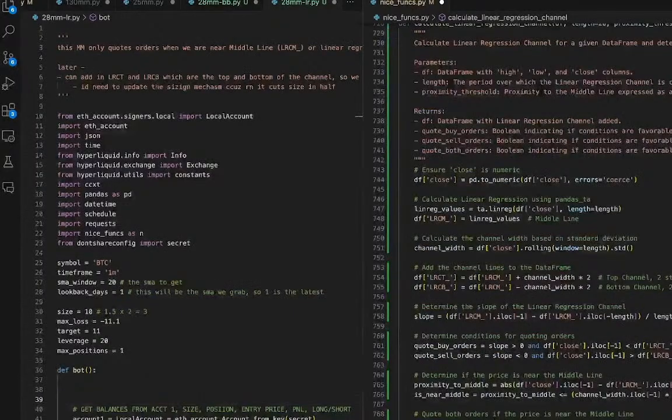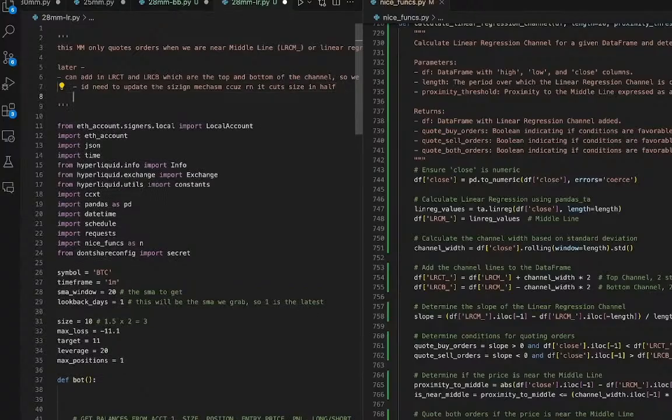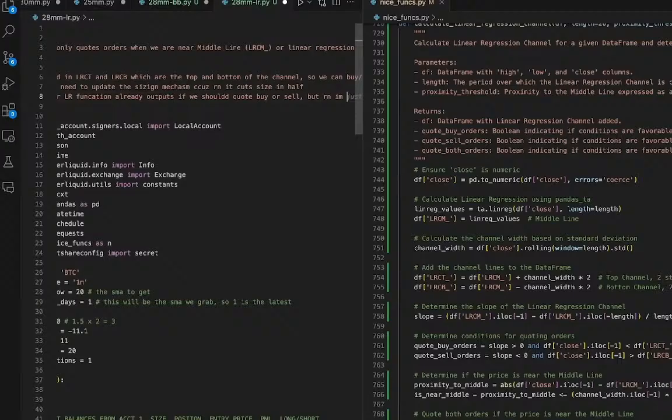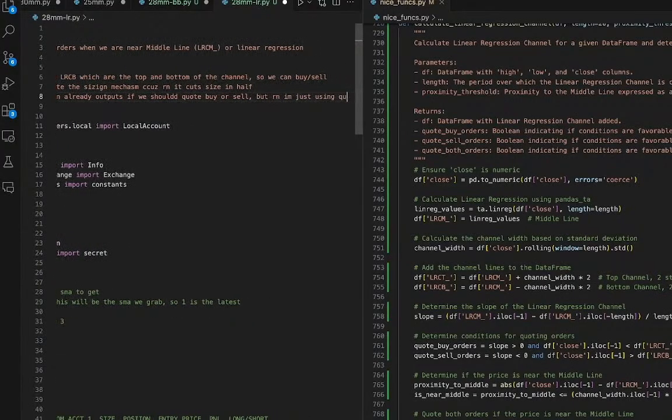Who else can launch 2 bots a day? Nobody. Not anybody I've seen on YouTube, nor are they going to show it. Our linear regression function already outputs if we should, quote, buy or sell. But right now, I'm just using, quote, both.